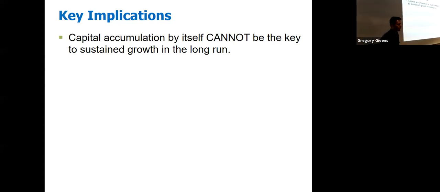What does the Solow model tell us? That over time, diminishing returns are going to set in, right? So even for a poor country whose investment is bigger than depreciation and whose capital stock is rising, those additions to investment are going to slow down over time because of diminishing returns.